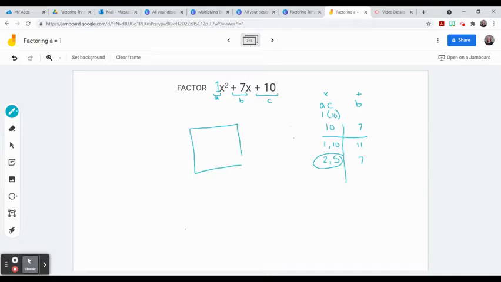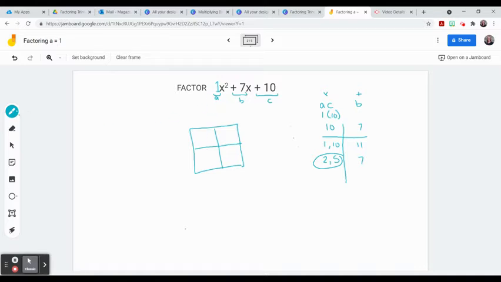Some people also call this the box method for obvious reasons. In our area model, it's essentially saying length times width gives us the area. So what times what would give us the area? So we can kind of work backwards. We have the area and we need to figure out what times what gets us that area.